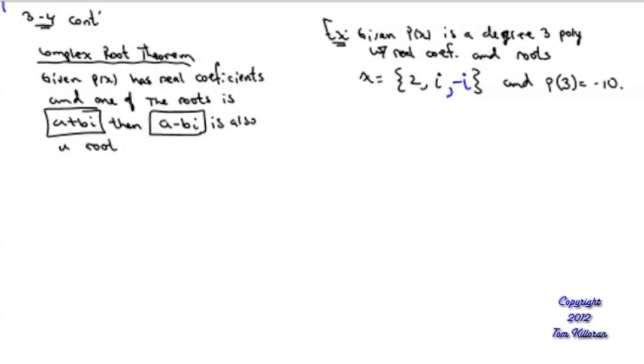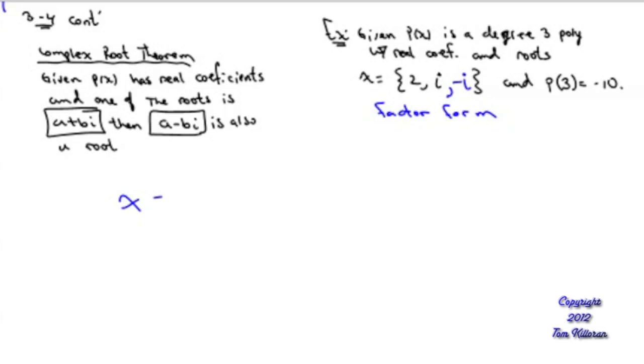The next part is, how do I write it in factor form? How do I write each one of these roots as a factor? In other words, where did 2 come from as a solution?